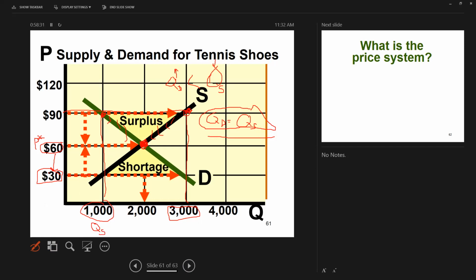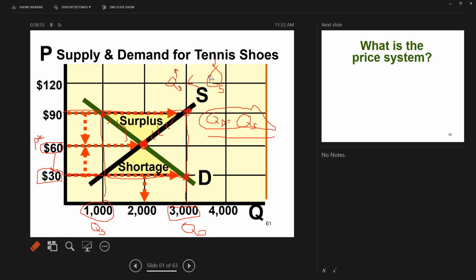Notice that this price is below the equilibrium. However, at a price of $30, people want to buy more shoes. Quantity demanded increases and is now 3,000 shoes.